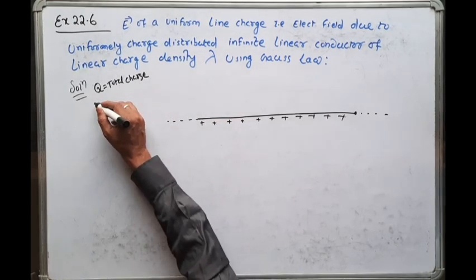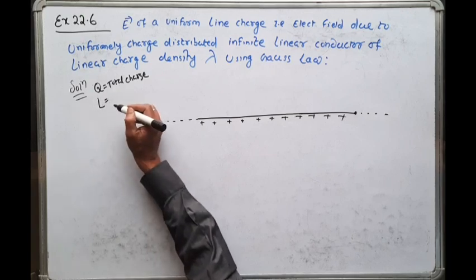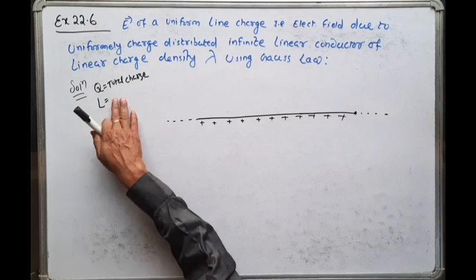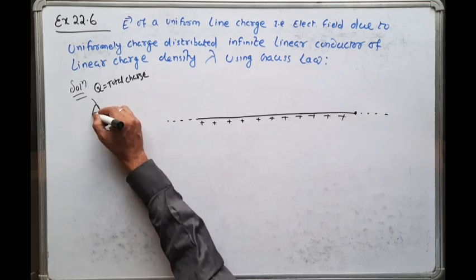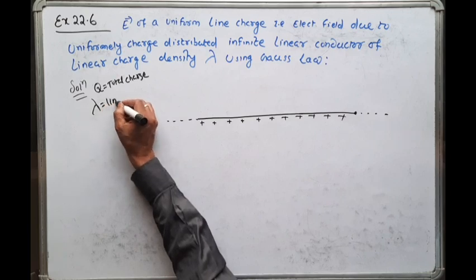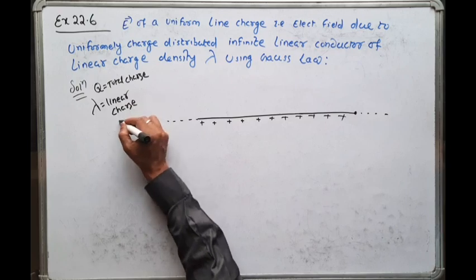Suppose the length of the conductor is L. Since it is infinite, we are not taking length. Lambda is called the linear charge density.